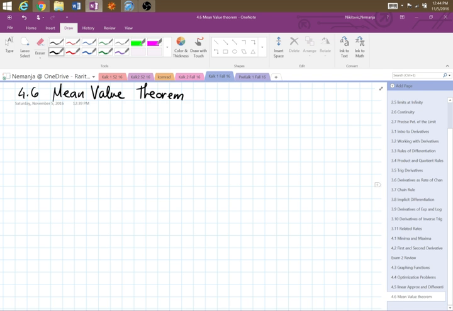This theorem guarantees that on the closed interval, where the function is differentiable and continuous, you are going to have at least one place, one spot, one point where the secant line has the same slope as the tangent line, which says, in terms of speed, that the average speed is the same as the instantaneous speed.